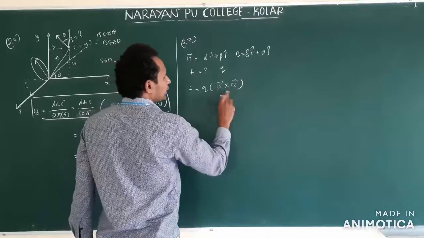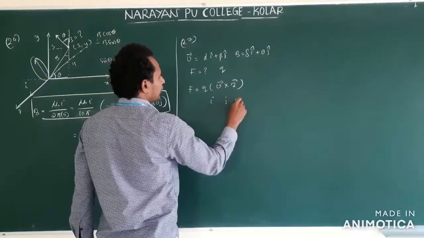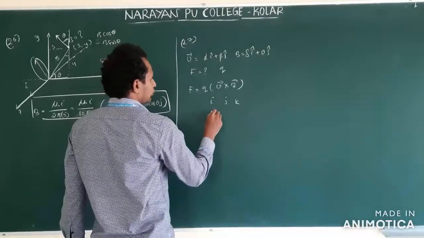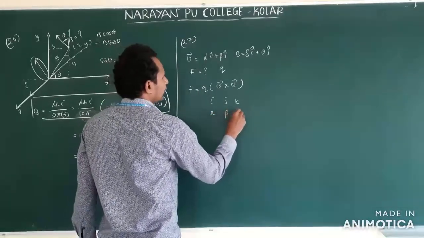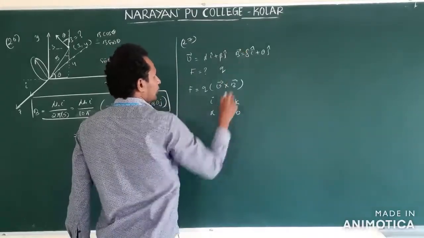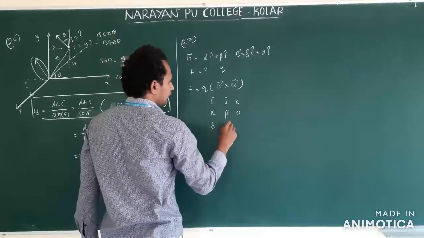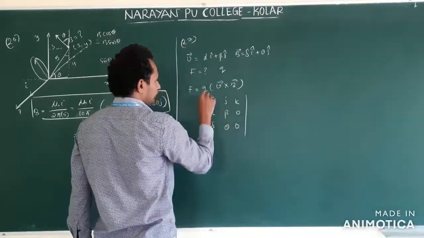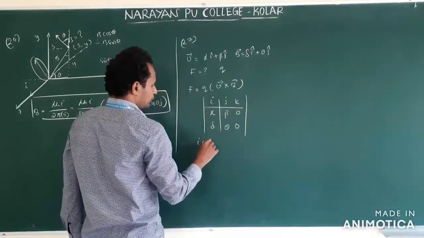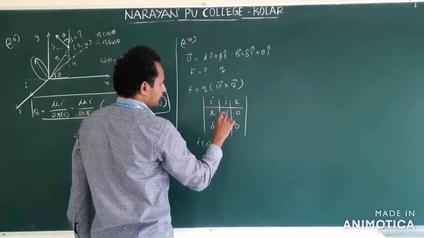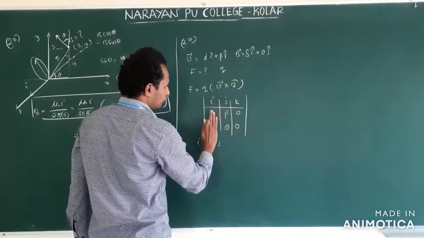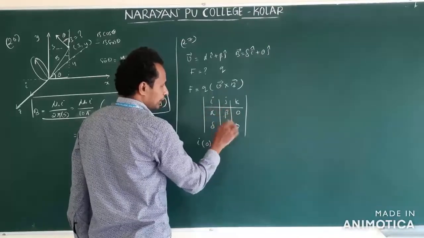Then first we will find this cross product using I, J, K. First we need to write V: alpha, beta, 0. Next B, the field vector: delta, theta, 0. For the I component, 0 minus j. For I, we leave that column and the cross product is 0.